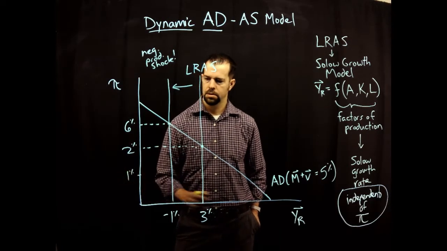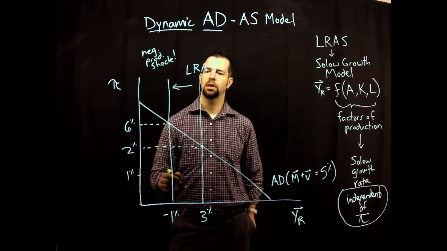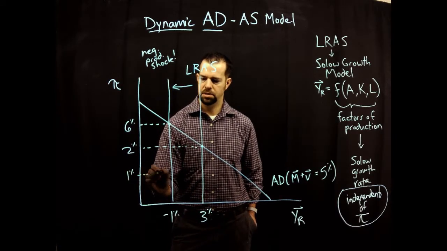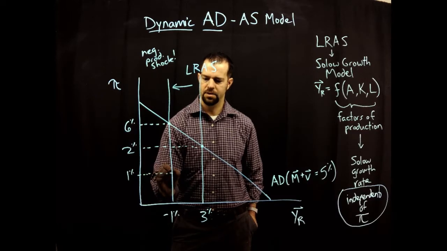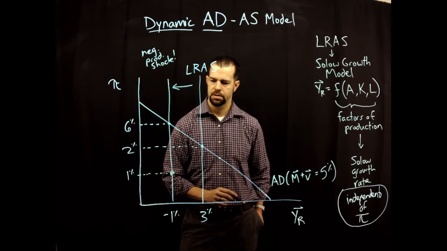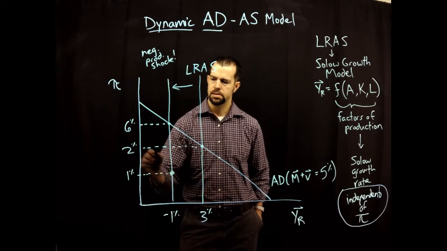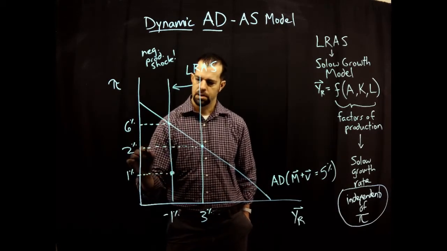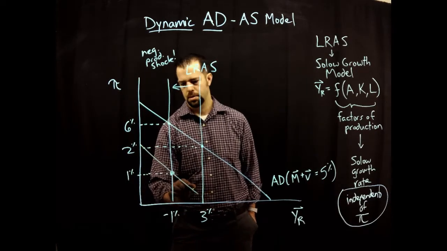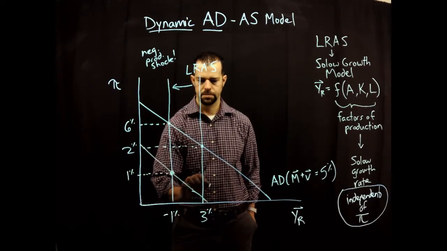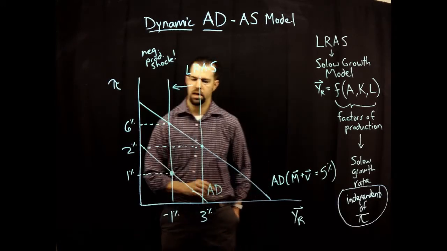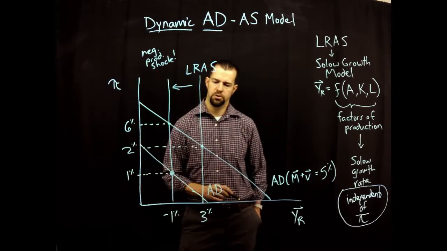Okay. So if this is our new long-run aggregate supply curve, then we must also have a shift left of the aggregate demand curve to match that. So this will be our new aggregate demand curve. And it's associated with the spending growth rate.